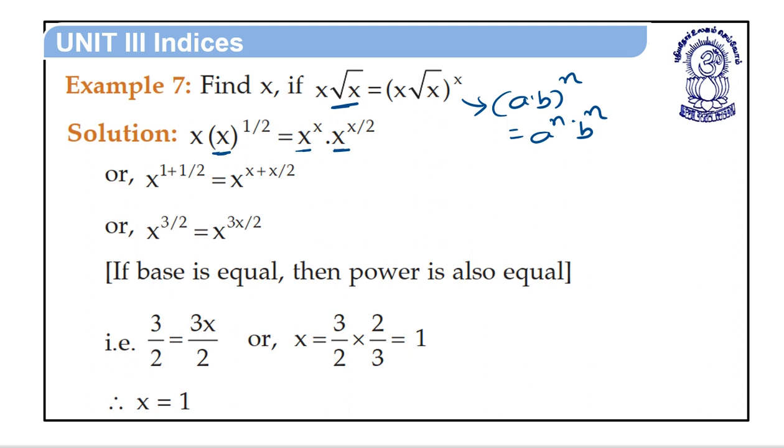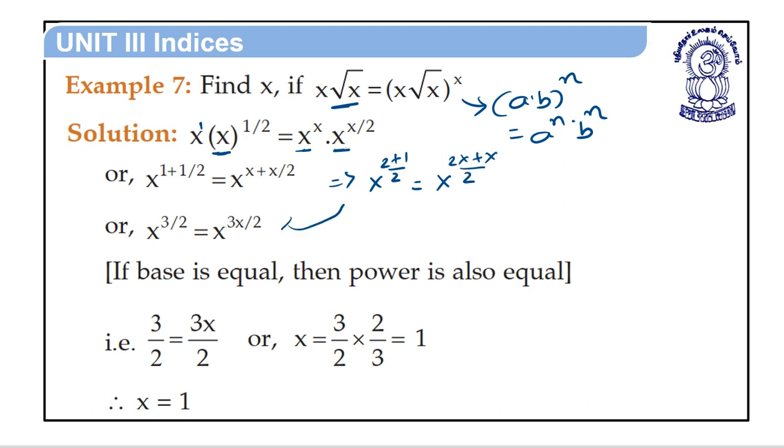X 1 plus 1 by 2, base same. Same way here also base same, x plus x by 2. 1 plus 1 by 2 means x raised to 2 plus 1 by 2, so 2x plus x by 2.